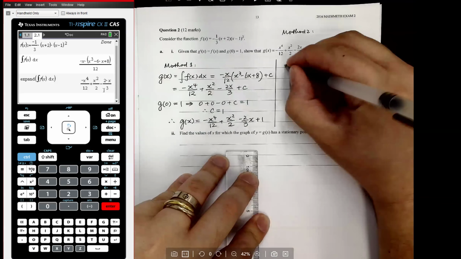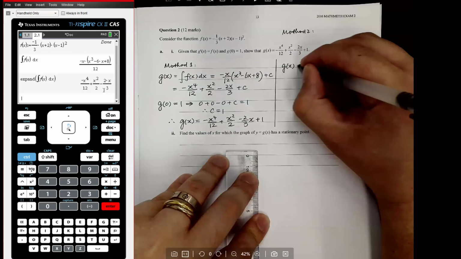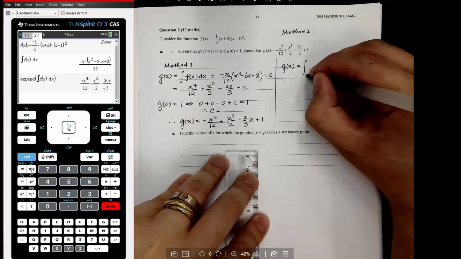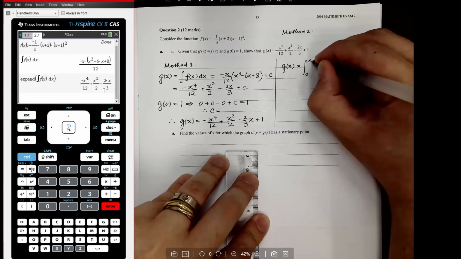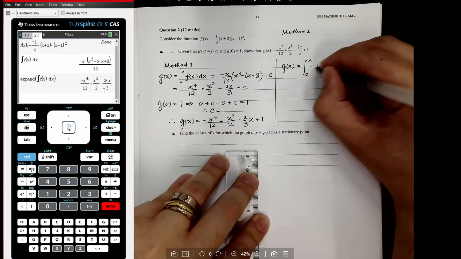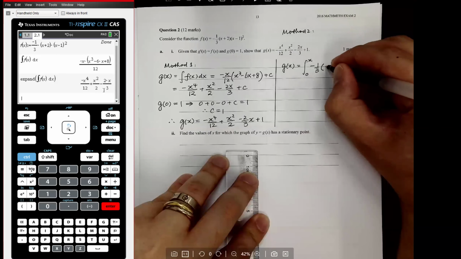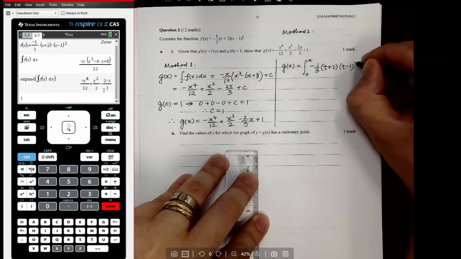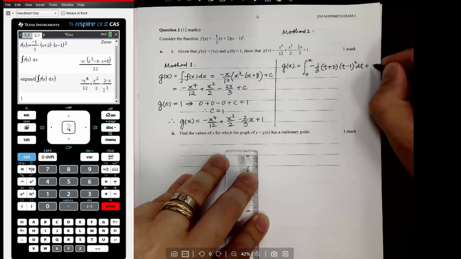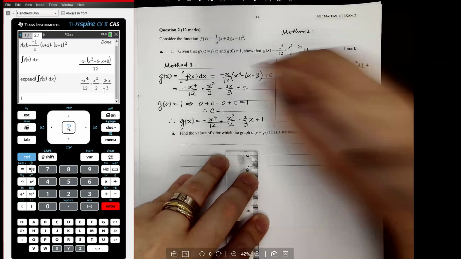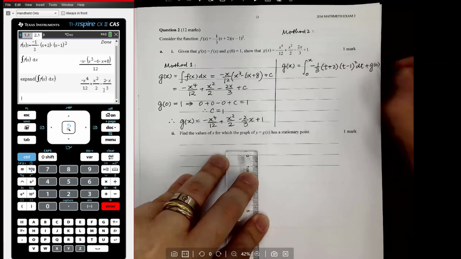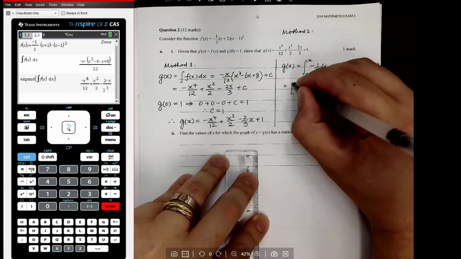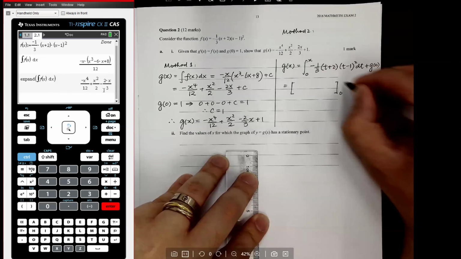You might say g of x equals the integral from x equals 0 to x of minus 1/3 bracket (t plus 2)(t minus 1) squared dt, add, let's say, g naught, which is 1. You can write a g naught here. And then you get the antiderivative from 0 to x.